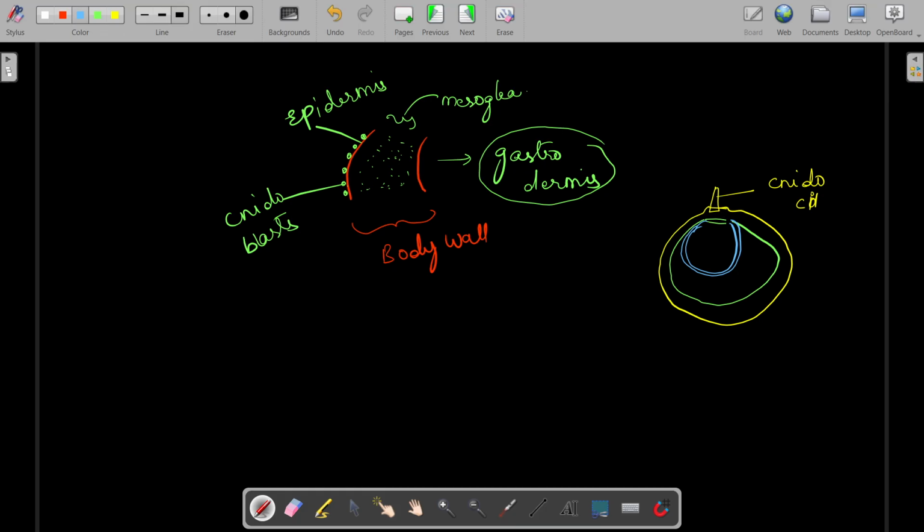On the upper side of this cnidoblast is the cnidocele, and you have a middle layer with an undischarged needle-like structure, surrounded by a thread, and this thread is coiled.